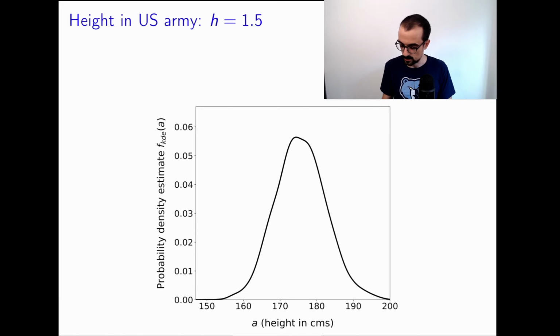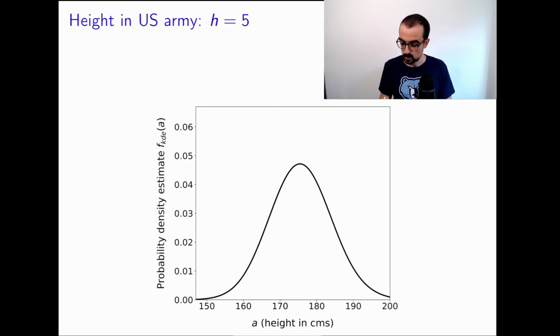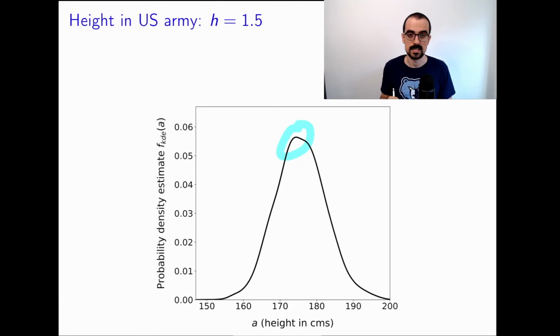Here we still see, by the way, that there's this asymmetry where there seems to be slightly more density towards shorter heights than towards larger heights. And when we have very, very wide kernels, we might oversmooth. So here we're missing that, right? Here it looks as if things are essentially symmetric, but we see that they are actually not if we use a thinner kernel.